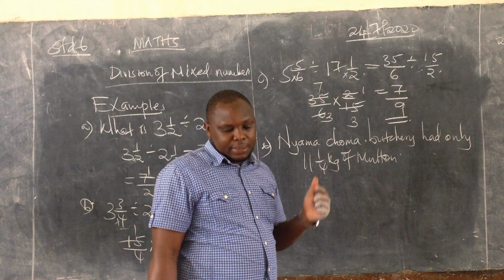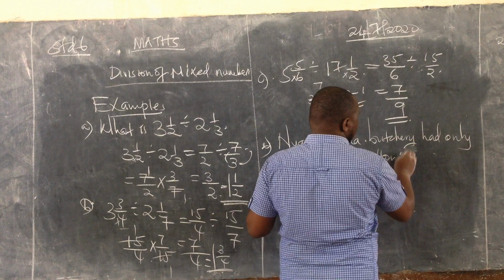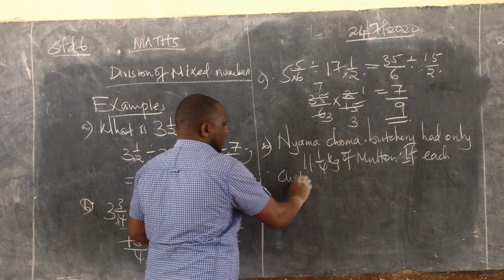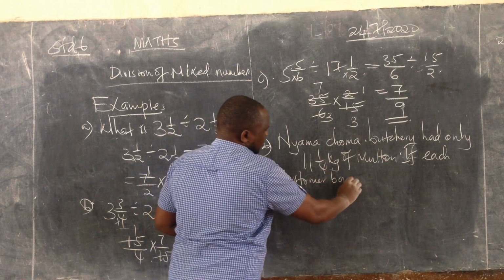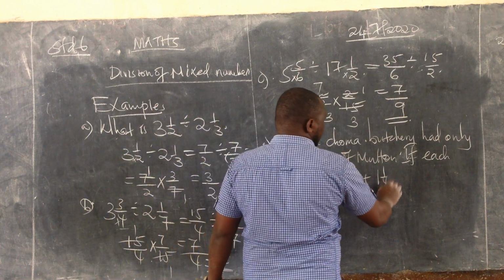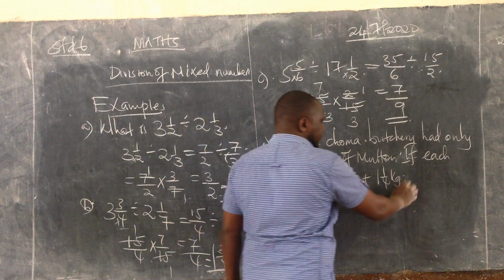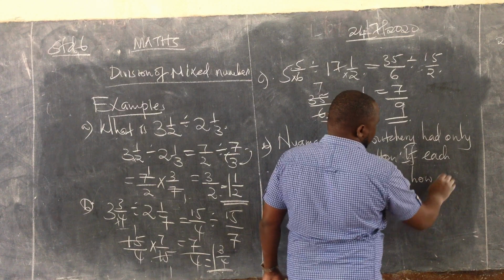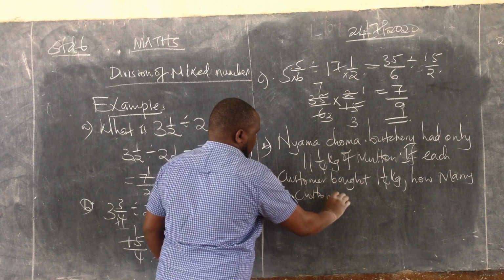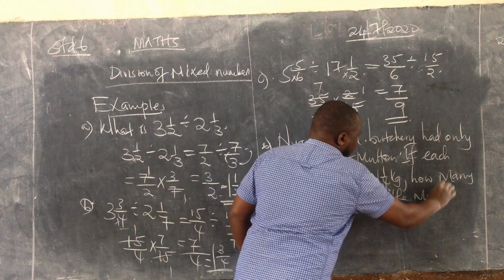So if each customer bought 1.25 kg, how many customers bought the mutton?